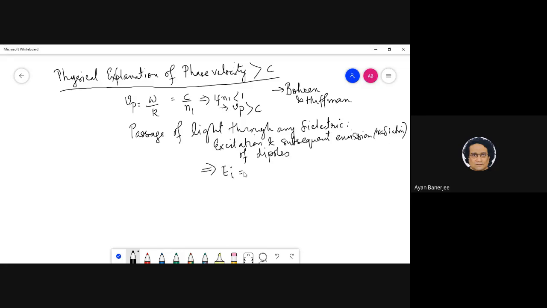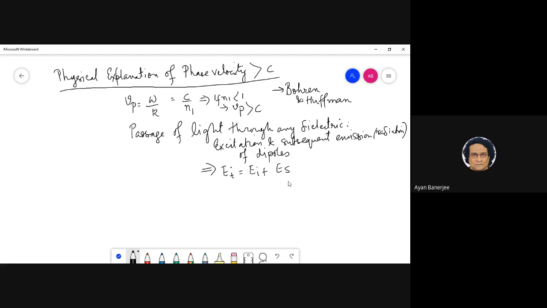So what I'm going to say is that the electric field, since we have to have conservation of the field, the transmitted field is nothing but the incident field and the scattered field. This is very important.